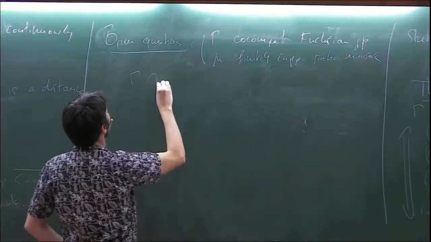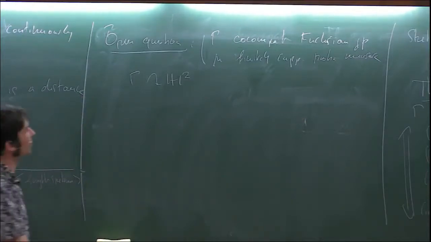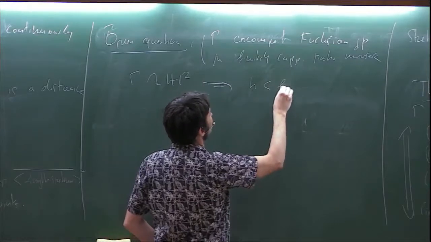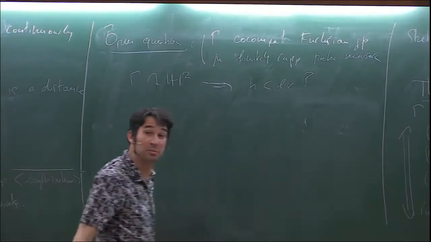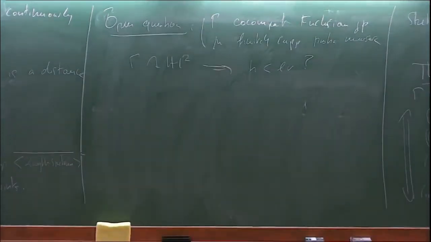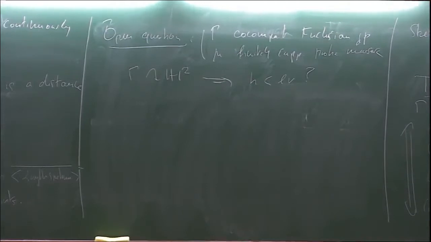So you look at gamma acting on H2. Does it imply that H is smaller than LV? We don't know. Okay? The best we can do is exactly what they did.